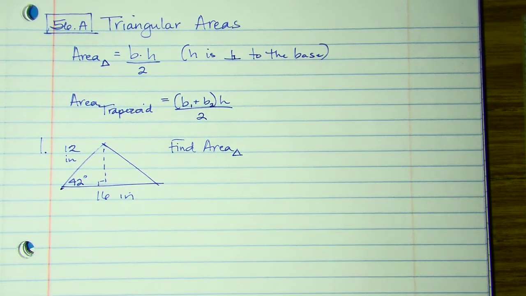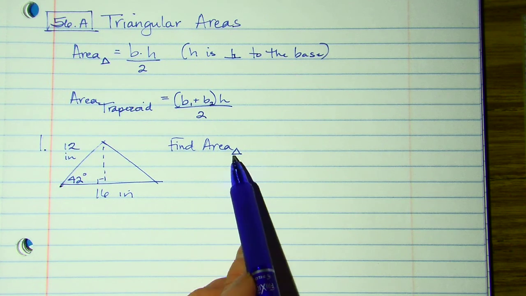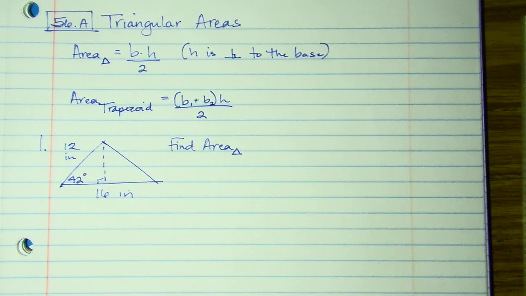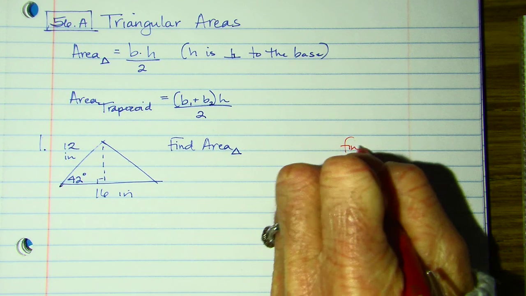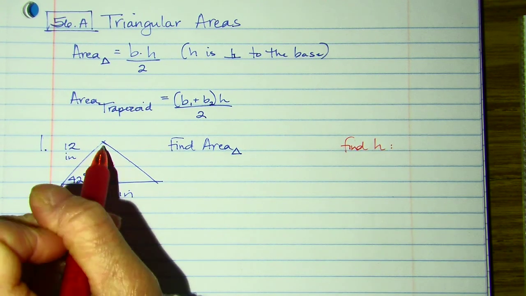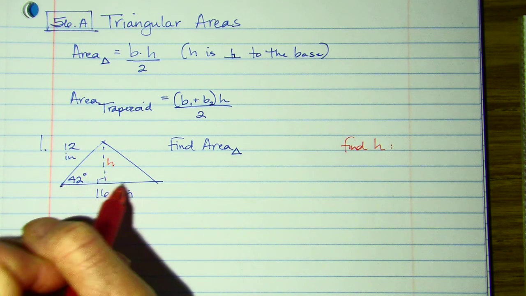So notice you'll see the word area and then a subscript of what you're looking for, and that'll be useful for 56.B. So anyways, in this triangle, I need to find height. H would be perpendicular, so it's this segment here that is perpendicular to my base.